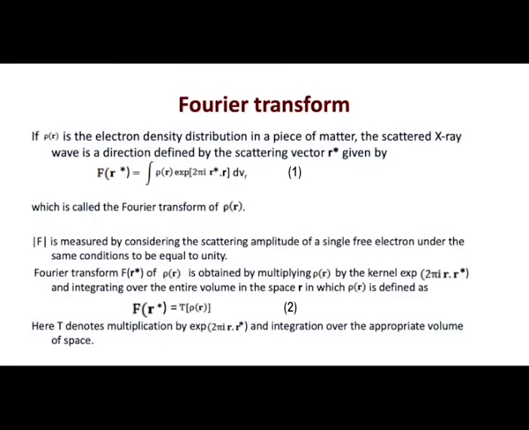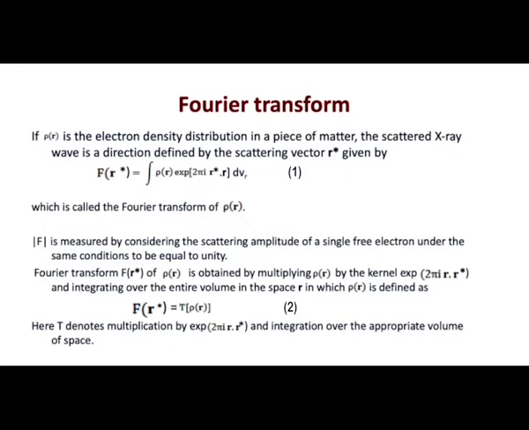Let us define what we mean by Fourier transform. All of us know that atoms are surrounded by electrons. Only wherever atoms are found, electron density will be distributed. If rho of r denotes the electron density distribution in a piece of matter, then the scattered X-ray wave after diffraction is in the direction defined by the scattering vector r star, given by equation 1.